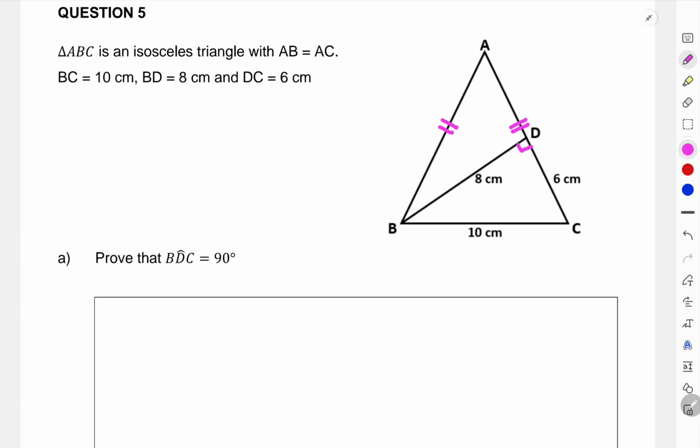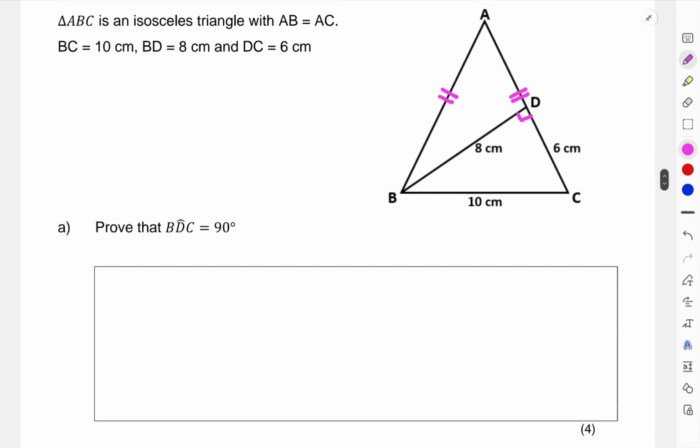So now how do we prove something is 90 degrees? I always say when you see a 90-degree triangle, think Pythagoras. So if we get that 6 squared plus 8 squared gives you 10 squared. Do you see, the two sides touching the 90 degrees should give you 10 squared.